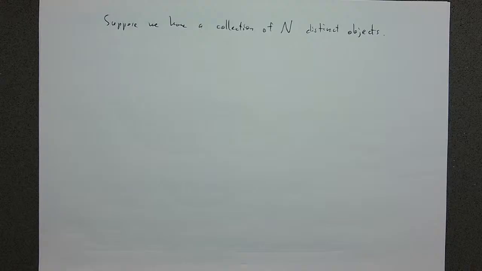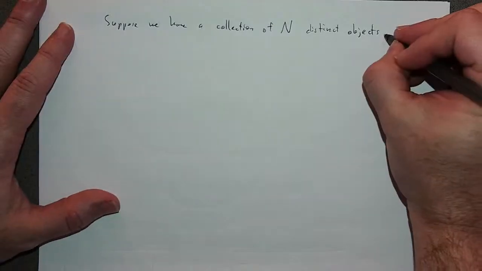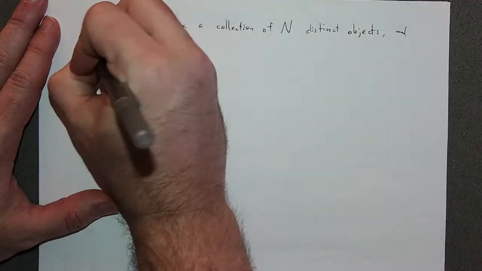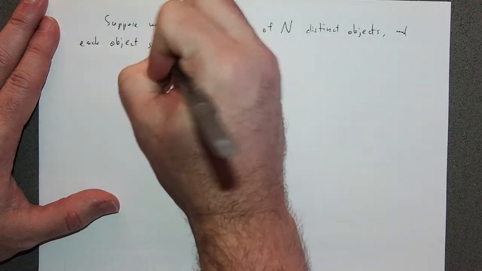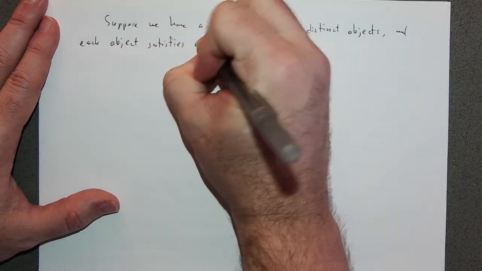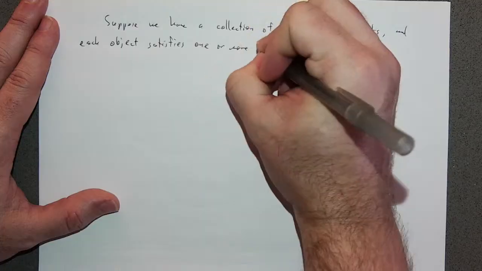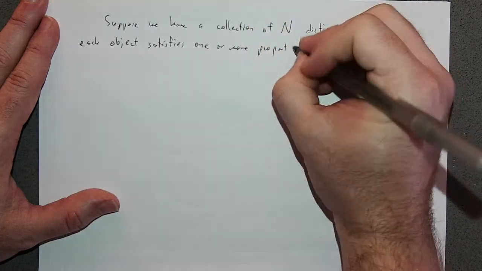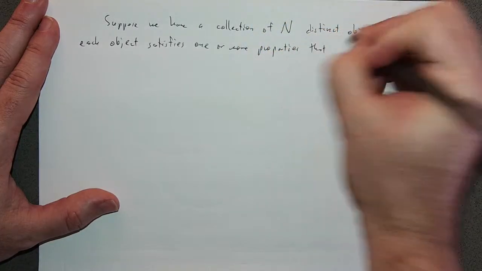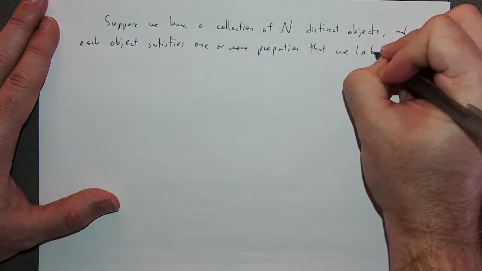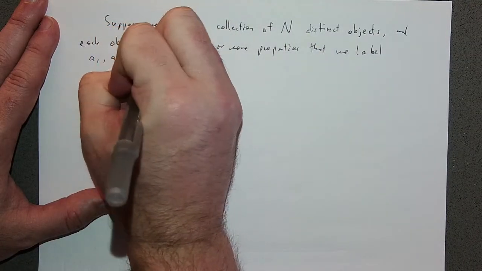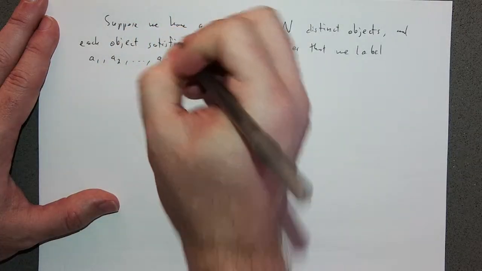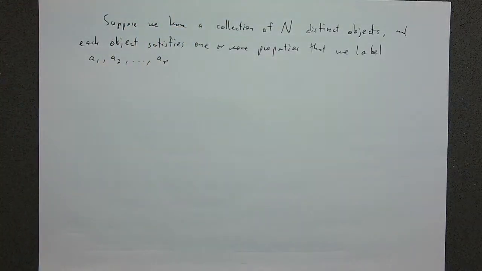And let's say each object may satisfy one or more properties that we're going to label A1, A2, out to some A sub R. Okay.